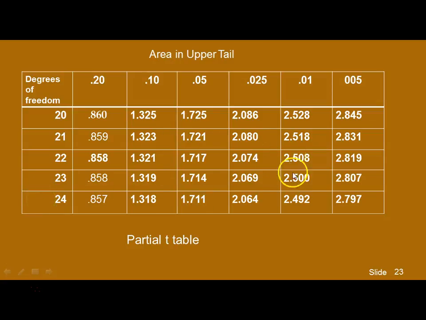In the middle of the table, these are the t-values. Notice that this is just the opposite of the z standard normal table, where the middle of the table has probabilities, and the z-values were across the top and down the side. The t-values you need are out in the middle of the table.